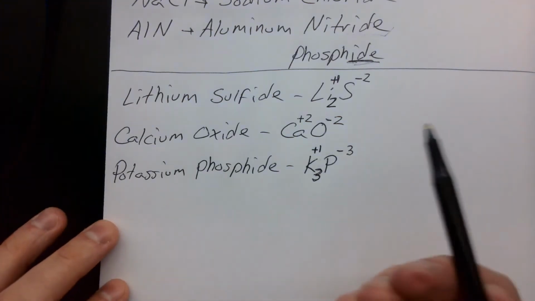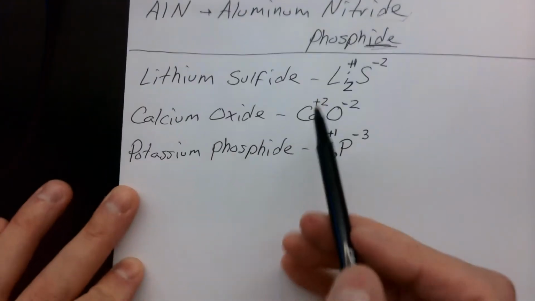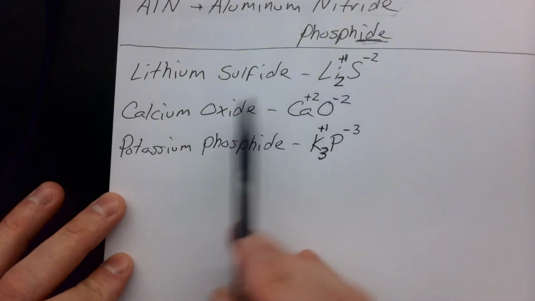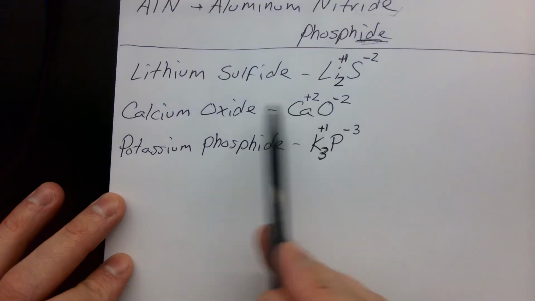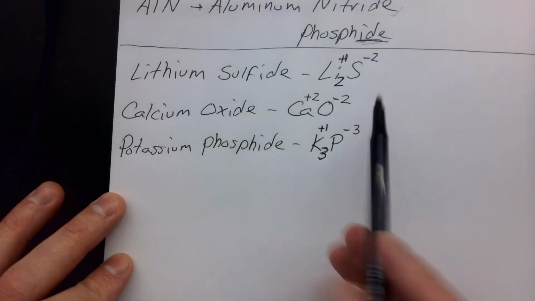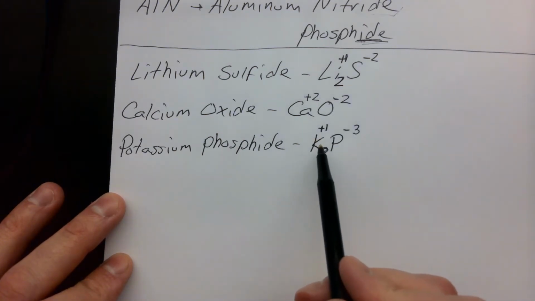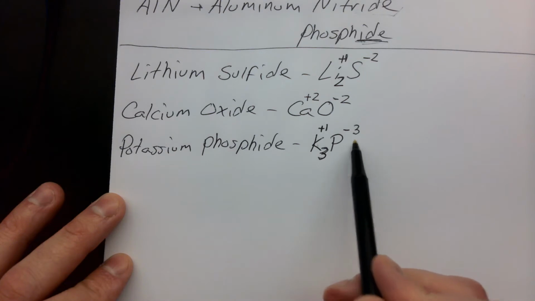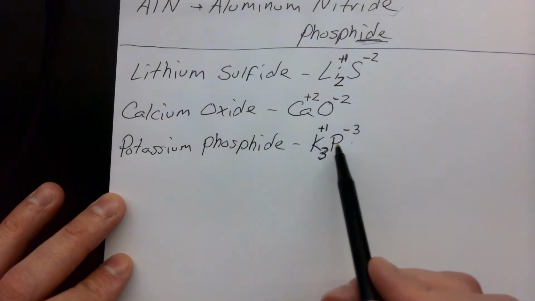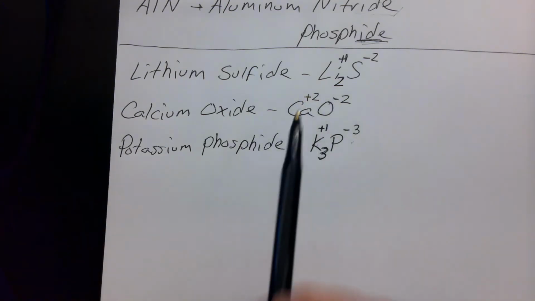The whole reason I knew that lithium sulfide was Li2S, calcium oxide was CaO, and potassium phosphide was K3P was because we knew the charges. Potassium is always a +1, phosphorus is always a -3, so that's the only way they could possibly go together. +2, -2, only way they could possibly go together.